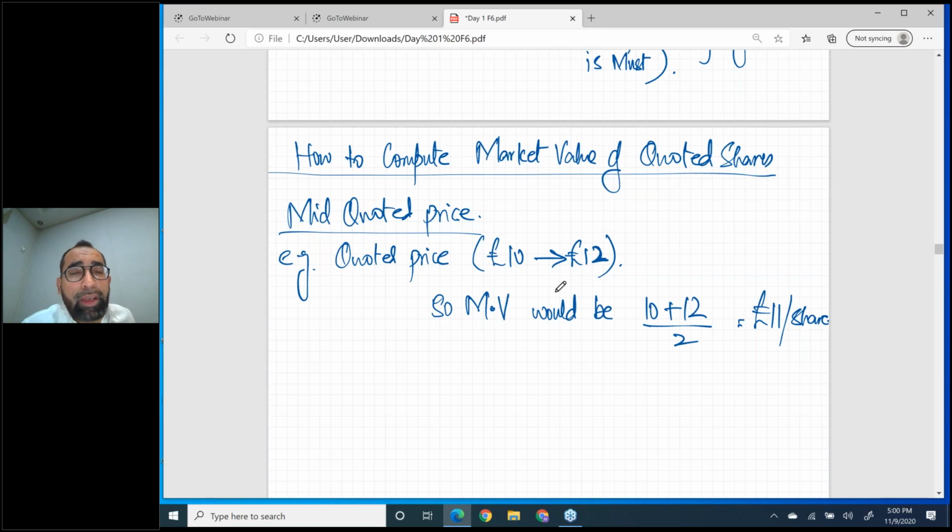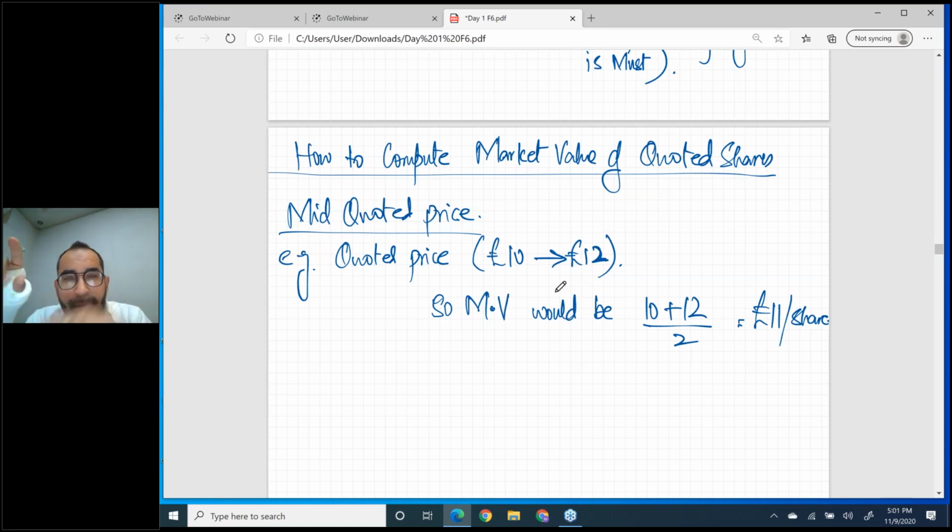Sometimes mom gifts quoted company shares to her son. In that case you need to calculate the market value of those quoted company shares. How to calculate the market value of those quoted company shares?